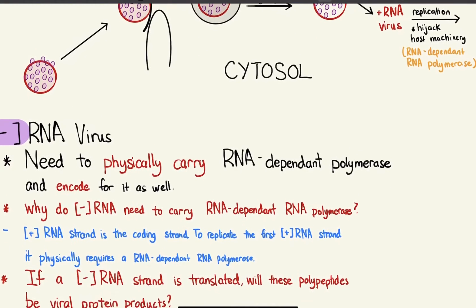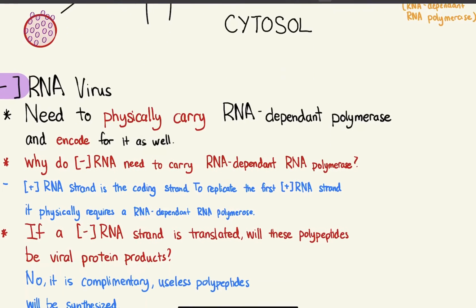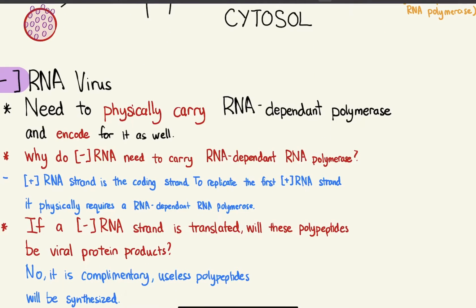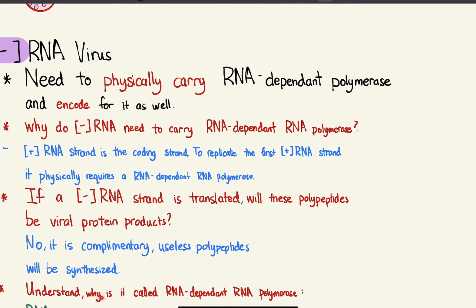If a negative RNA strand is translated, will these polypeptides be viral protein products? No, it's complementary. If we were to synthesize from a negative strand, it'll be useless polypeptides that are synthesized.